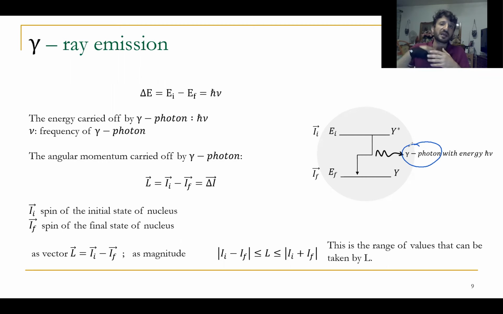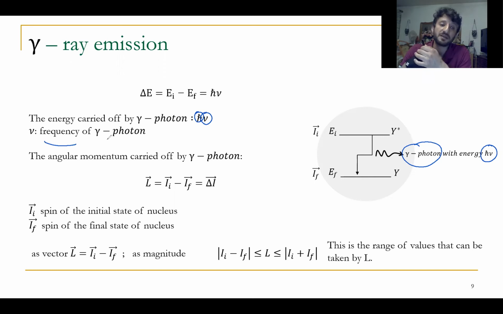This gamma photon can continue directly out of the atom without any interaction. This photon will carry a quantized energy h bar nu. Here h bar is a constant value, and nu is the frequency of the gamma photon.